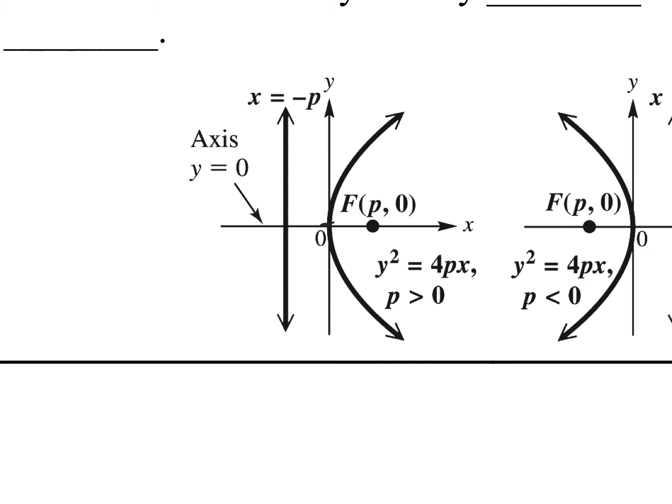But this time my x value is the p. P over, comma 0, means I don't go up or down. And my directrix is the opposite distance p. The p is an x distance. And so this one opens right because p was greater than 0. And if p is less than 0, it opens to the left, and my focus is still inside.